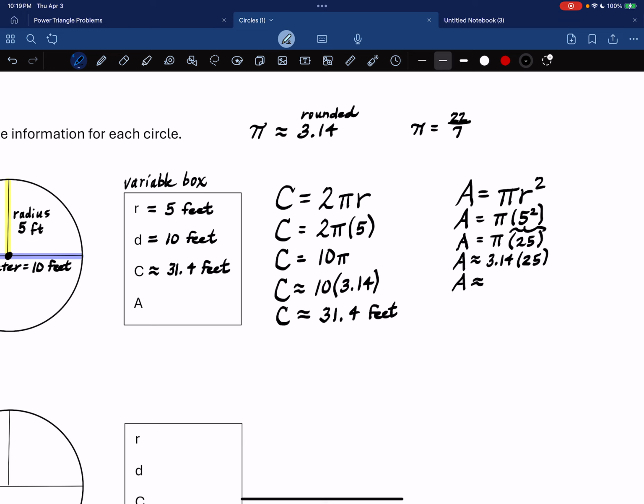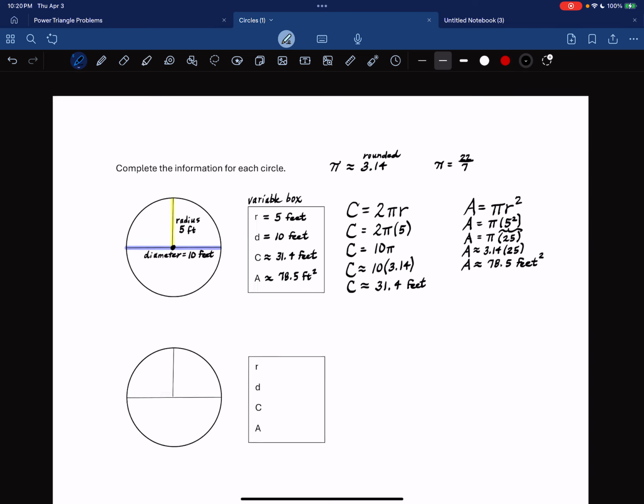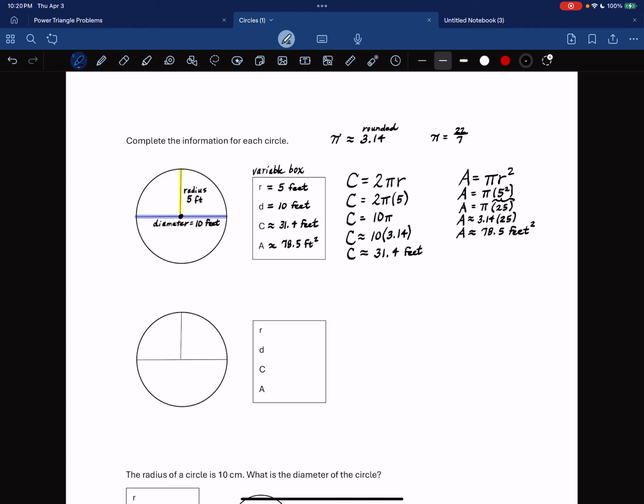So let me get a calculator. I believe it's about 79, but let's see. 3.14 times 25, 78.5. And area is always measured in square units. So 78.5 square feet. Again, that's approximately, because that 3.14 is approximate. Area is in square units.